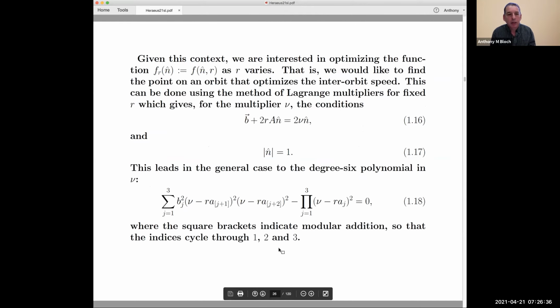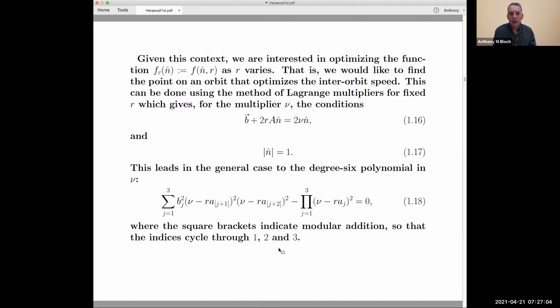Okay, so what we're interested in doing is optimizing the function f as r varies. We'd like to find an orbit that optimizes the interorbit speed. This is the main goal. You can do it in a static way using the method of Lagrange multipliers, using a Lagrange multiplier condition to maximize the speed subject to the dynamics.